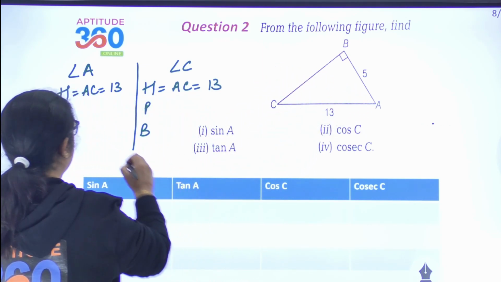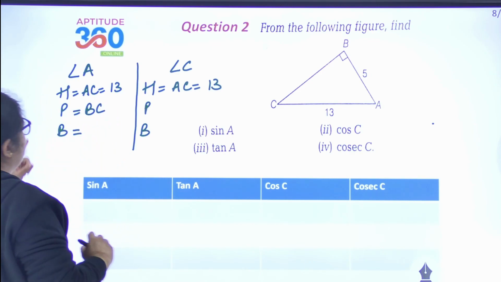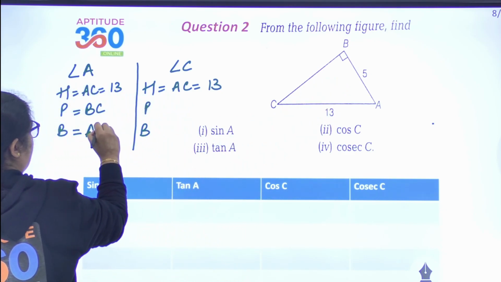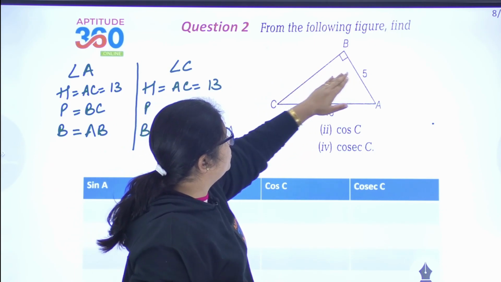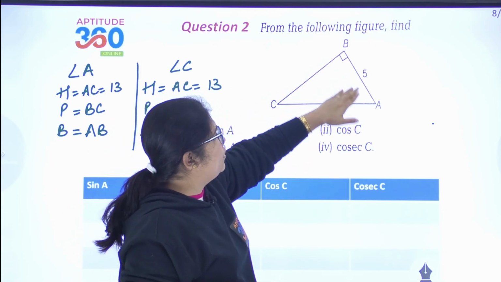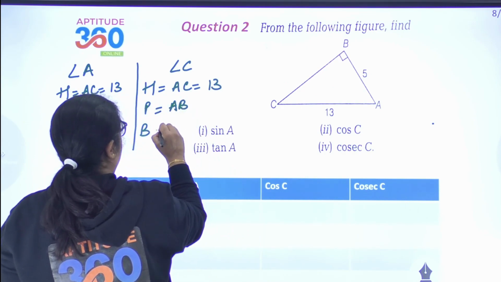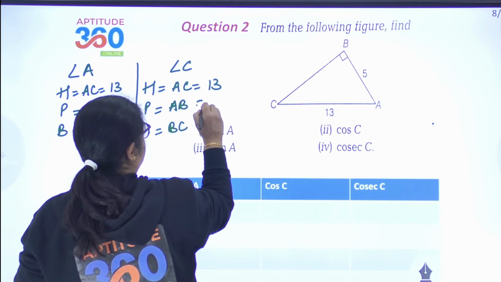That means your perpendicular is BC. And the other leftover side is AB. And when I keep angle C as my angle of reference, the side opposite to angle C is my perpendicular, which is AB. And the base is the leftover, which is BC.